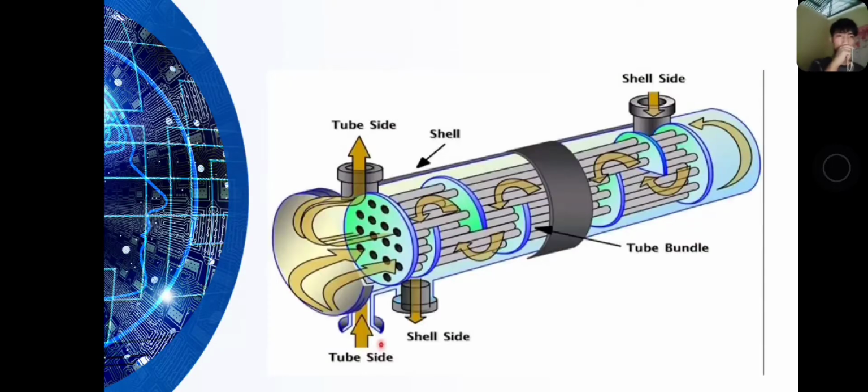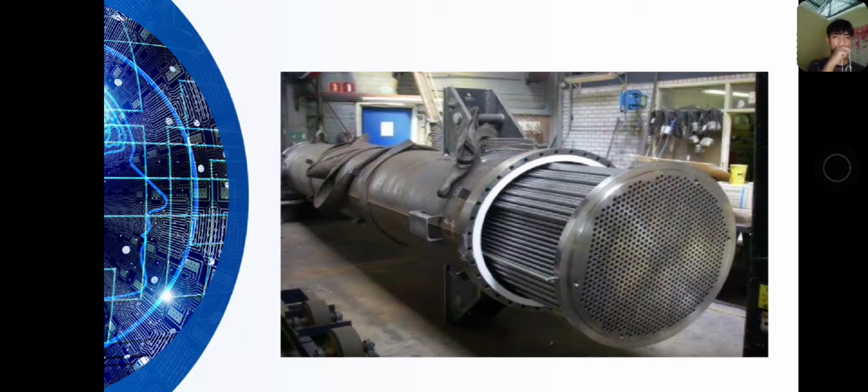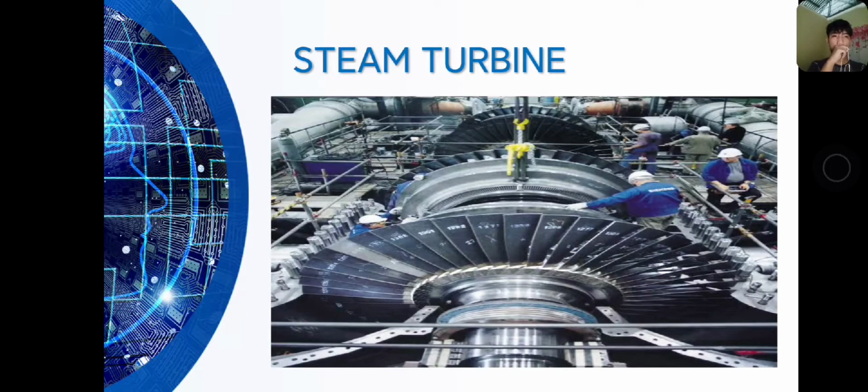The fluid that enters the tube side will flow in the tube. That's why it's called the tube side, while the shell side, the fluid that enters the shell side will flow inside the shell. The actual view of shell and tube heat exchanger and steam turbines.